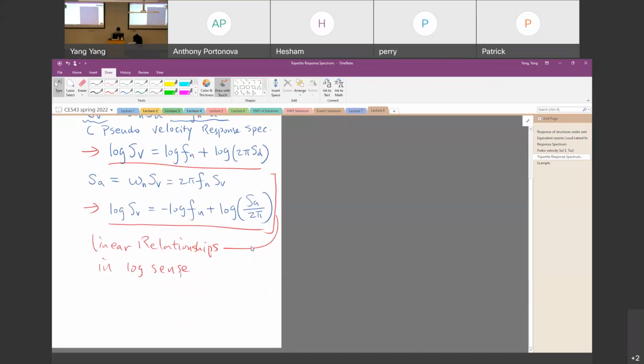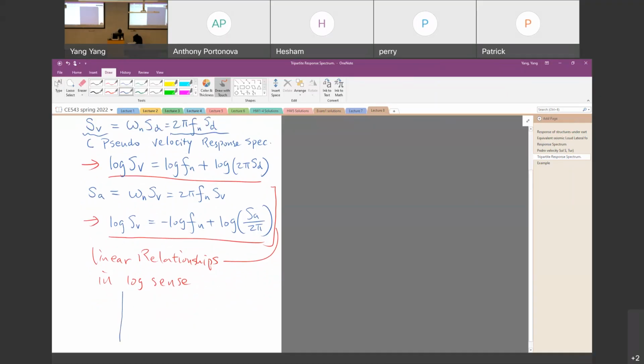For example, if this is the response spectrum for the zero velocity, by using the same curve, we just use a different axis.